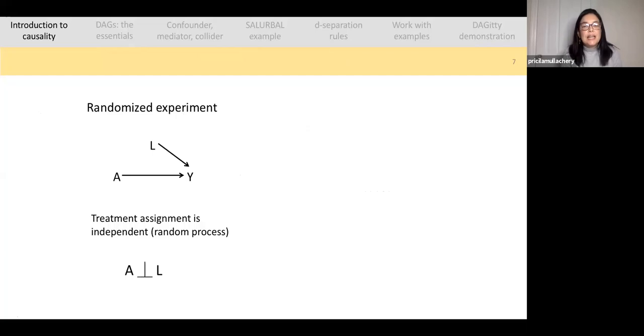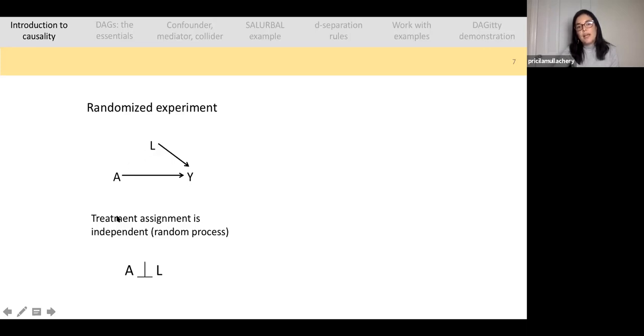And this is the first DAG you're going to see today. We see the treatment again, and this arrow means that they are causally related, right? There is an effect that goes from A to Y. And we have this L that represents a set of covariates that are predictors of the outcome. What you see here, the most interesting part, is the fact that for the randomized experiment, there is no relationship between the treatment assignment and these other predictors, right?